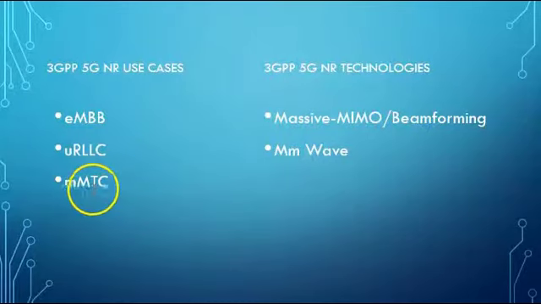The third is massive machine type communication, and we are talking about a very large number of connected devices. And then in terms of the technologies, there are massive MIMO and beamforming. So the number of antenna elements in the base station and devices is increasing, and we have high frequency spectrum, for example millimeter wave.